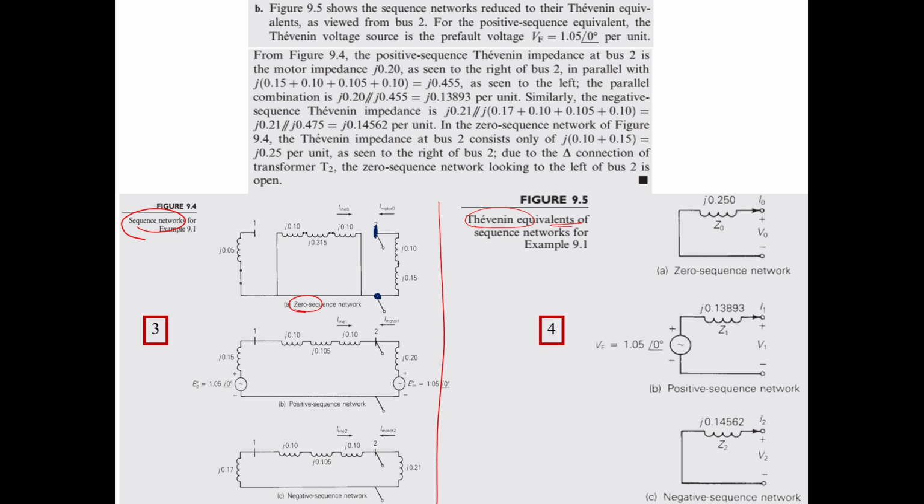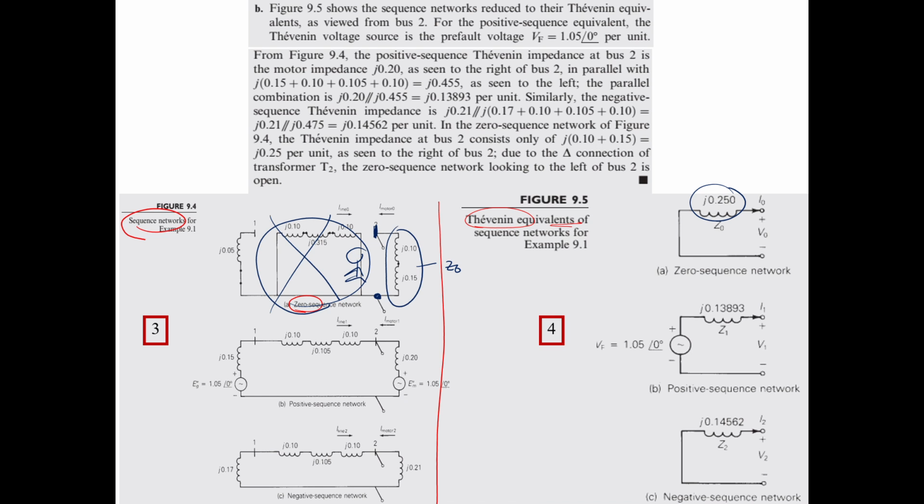If you look from bus 2 to the ground, you don't see any effect of this bunch, because this bunch is connected to itself, and has nothing to do with bus number 2. So this is isolated from bus number 2. If you stand from here to the ground, you will see just these two in parallel. These two in parallel become your Z0. So your Z0 is the summation of these two, that is 0.25 per unit.